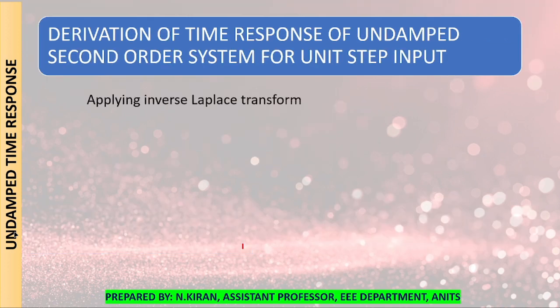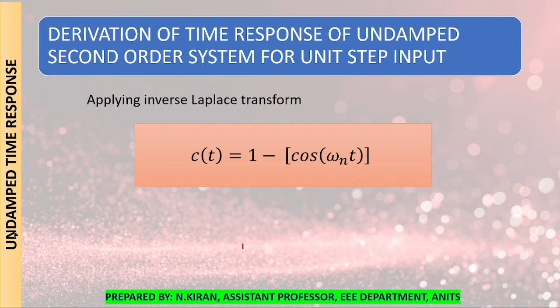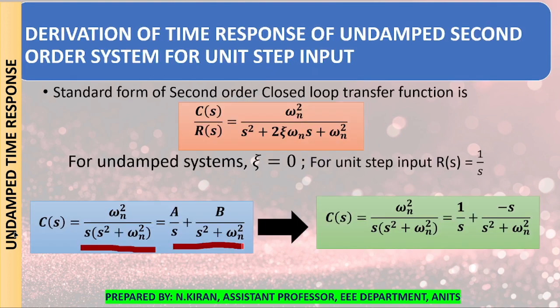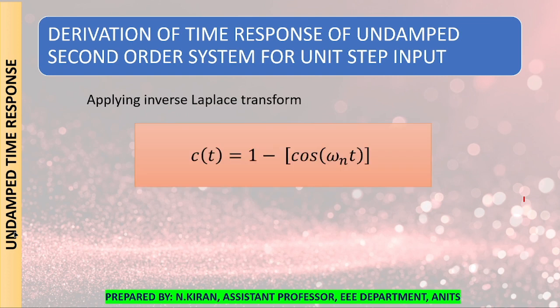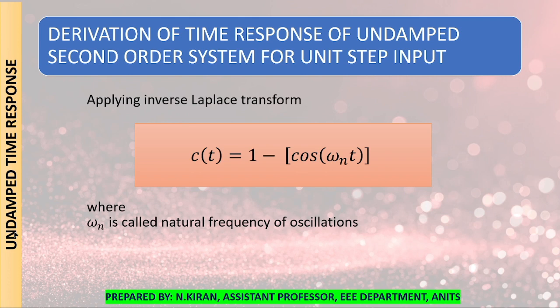Applying inverse Laplace, that will give me 1 minus cos omega n t, because the inverse Laplace of 1 by s is 1, and the inverse Laplace of s by s square plus omega n square is cos omega n t. So I have obtained the expression for c(t) as 1 minus cos omega n into t, where omega n is the natural frequency of oscillation.